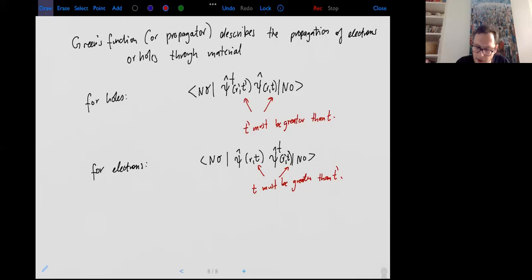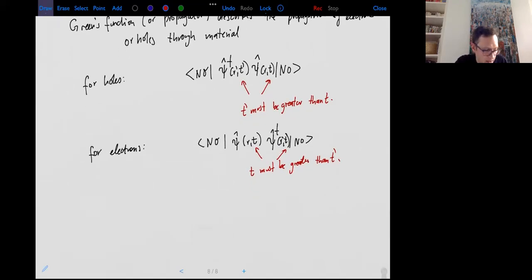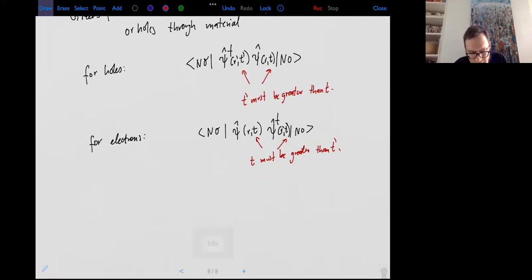Right. So I hope this makes sense, that these quantities that I've just written down tell us something about how electrons or holes propagate through a material, and that this in turn is closely related to what's measured in photoemission or scanning tunneling spectroscopy. Okay, so now we're in a position to finally write down what the Green's function is.